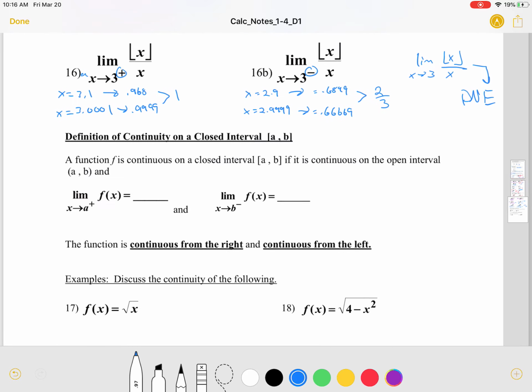Okay, so let's finish up with a couple definitions and a little example to explain the definition.